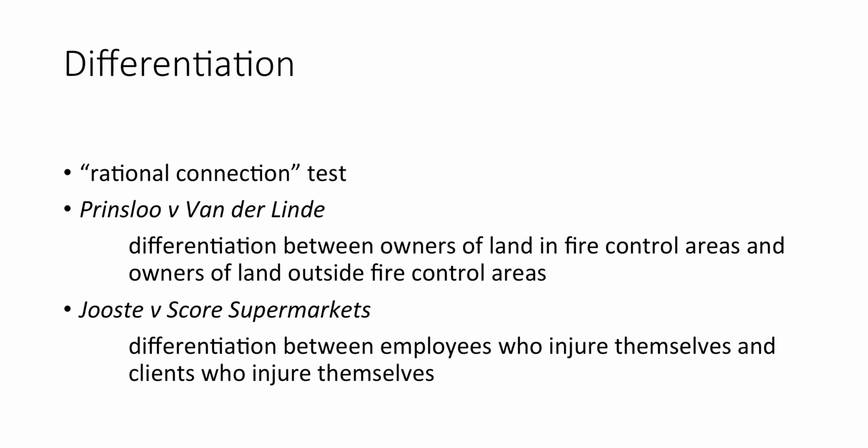There's a distinction to be made between employees who injure themselves in the shop, or clients or shoppers who injure themselves on the premises. Section 9.3 is not involved, and you can't use the dignity test to recognize any other ground. Then the so-called rational connection test applies. I'll revisit this in class as well.